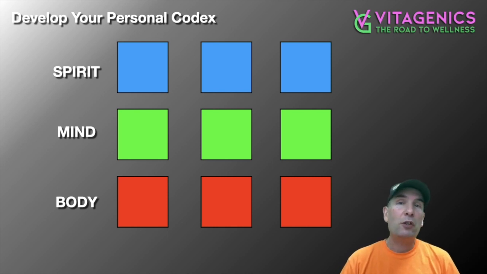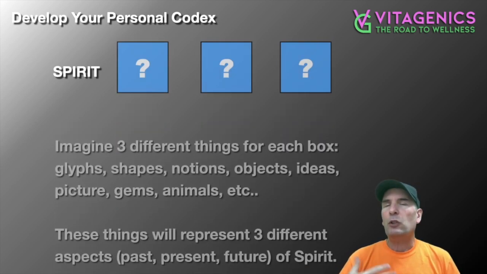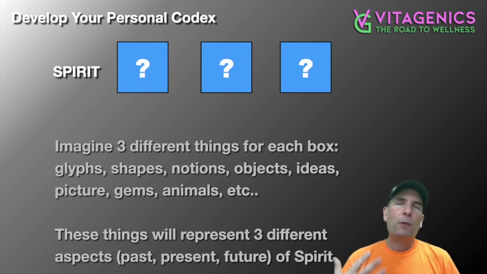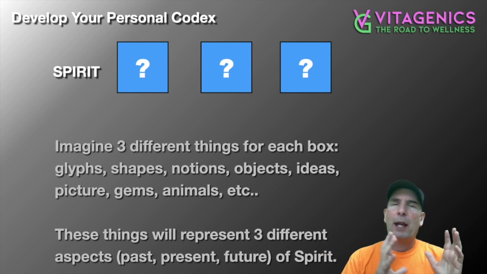And so what you're going to do, you're going to look at these boxes, and the first thing is, let's take spirit, for example. You want to imagine three different things to represent past, future, and present of your spirit. These can be anything.